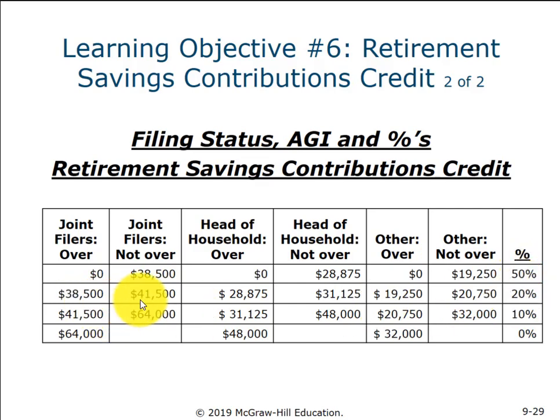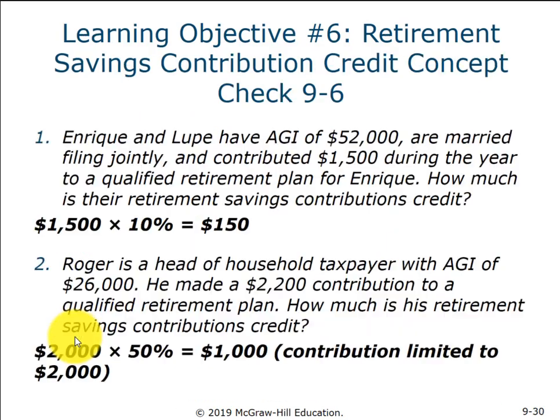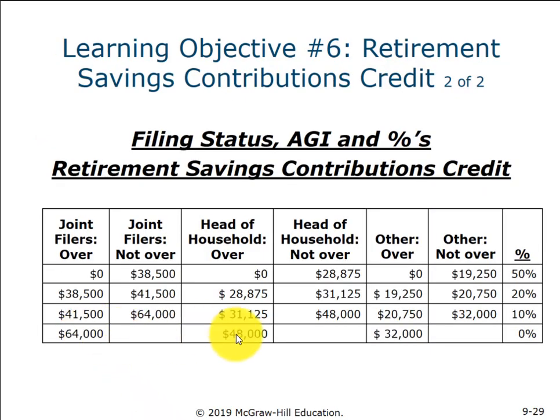If it's between these two numbers, which is not a very big range, it's 20%. A little bigger range here, 10%. And notice that at 64,000, it's gone. That's very low. So while this is a nice benefit and double dipping, it goes away very quickly in terms of income.